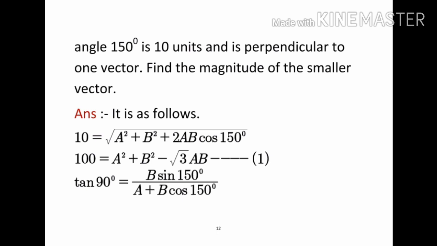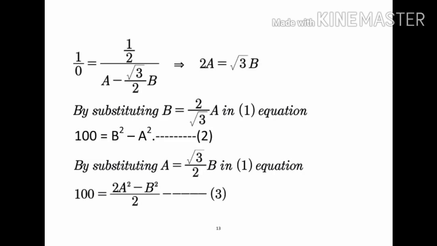Given that the resultant is perpendicular to one vector, we use tan alpha is equal to B sin theta by A plus B cos theta. Therefore, tan 90 degrees is equal to B sin 150 degrees divided by A plus B cos 150 degrees. And tan 90 is equal to 1 by 0.